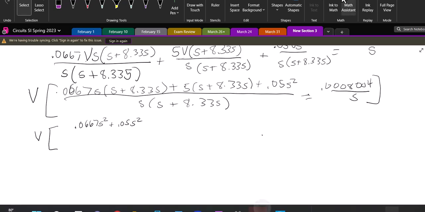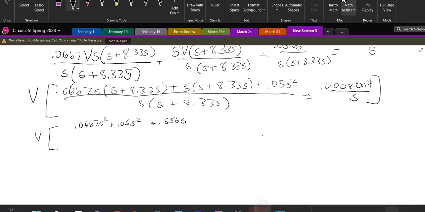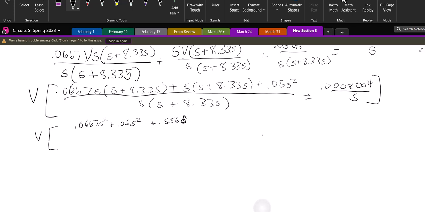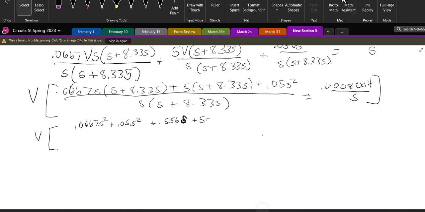And then I have a 0.0667s times 8.335, and that's 0.556s from that s. And then I also have a plus 5s right here.